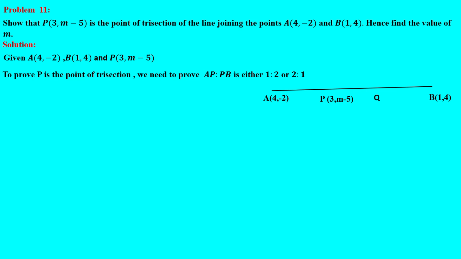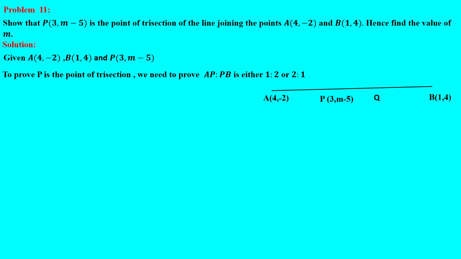Or otherwise, suppose instead of P you are having Q, then AQ is AP plus PQ, that is 1 plus 1, 2, is to PB, that is 1. So the ratio is 1 is to 2 or 2 is to 1.